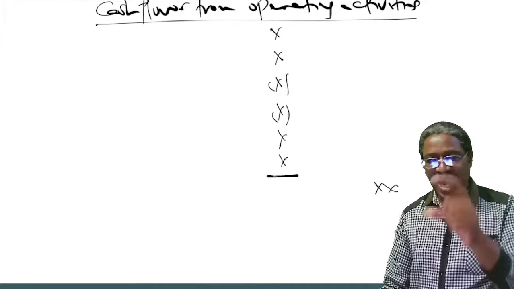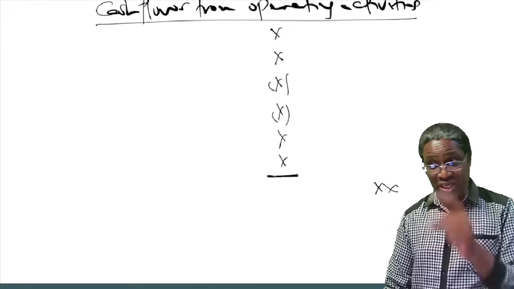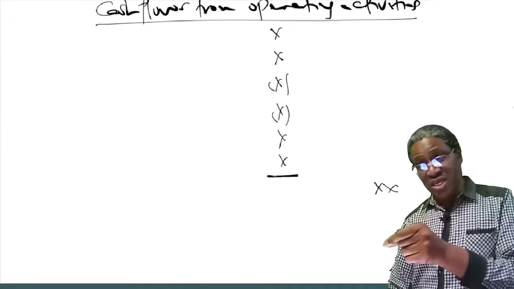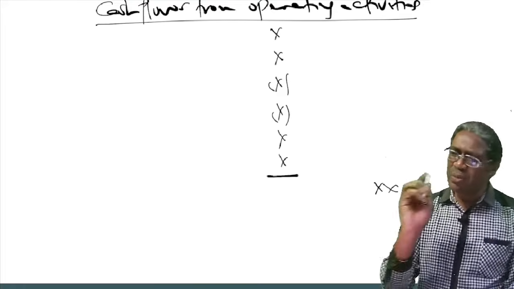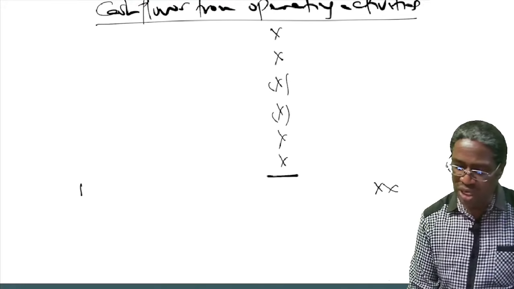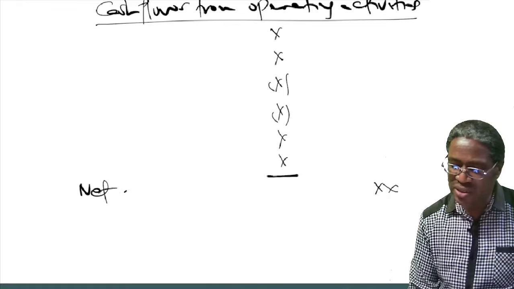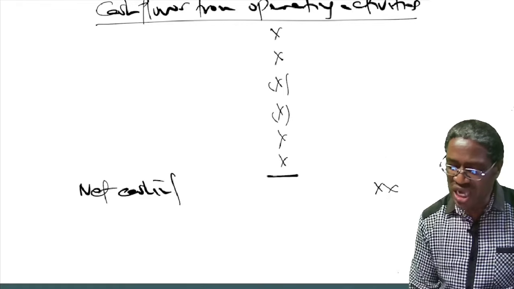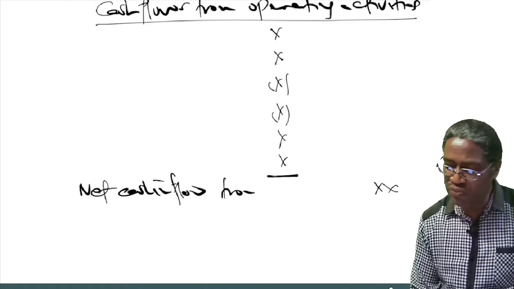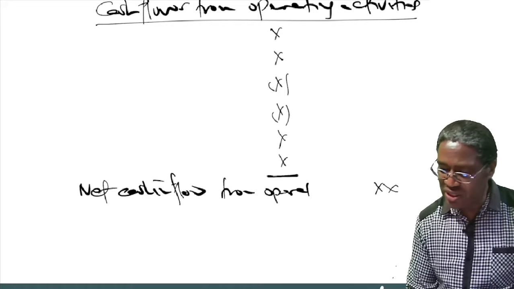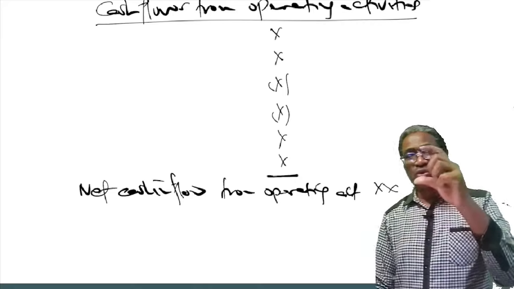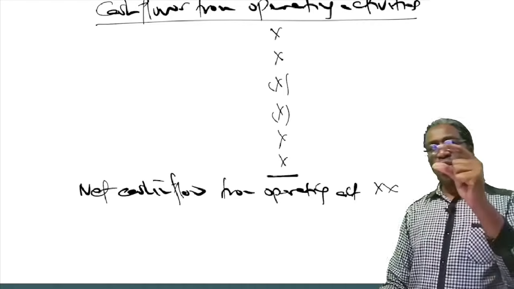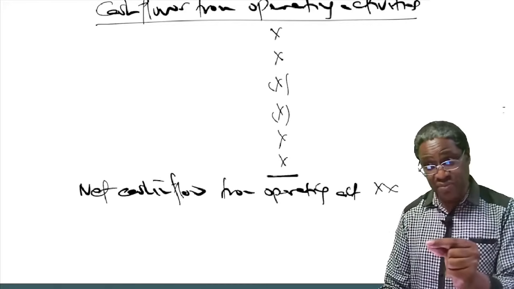That net amount could be either a negative or a positive amount. If it's a positive amount, you used to call it net cash inflow from operating activities.